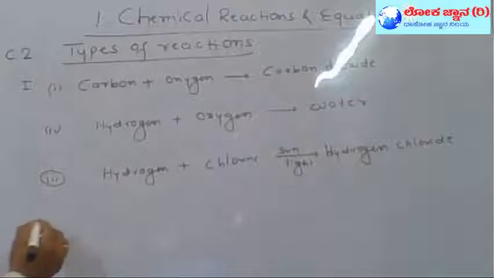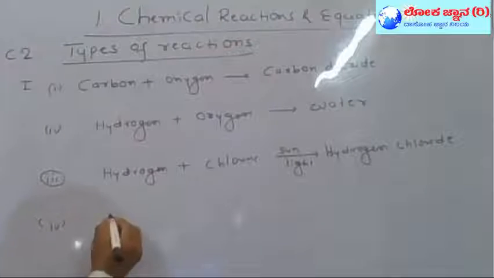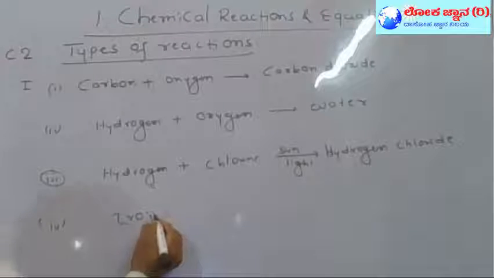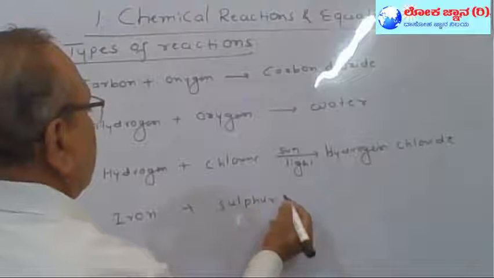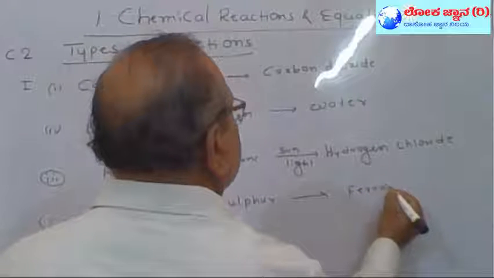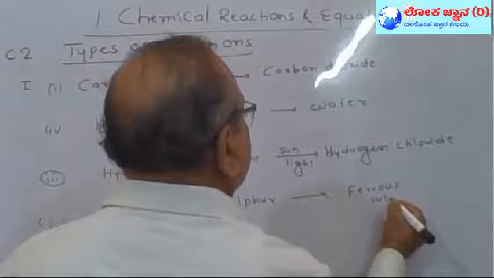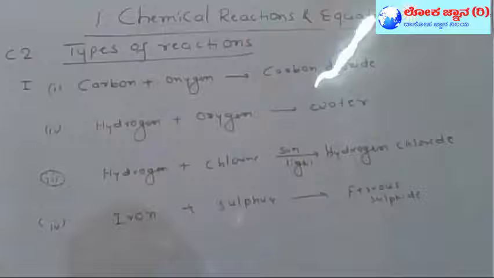Now, iron plus sulfur. Iron plus sulfur gives rise to ferrous sulfide. Ferrous sulfide. Consider them as practice problems.